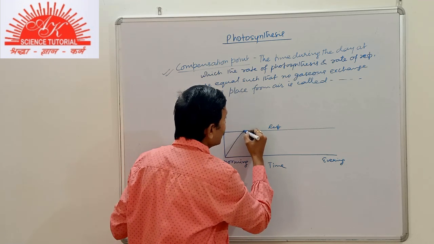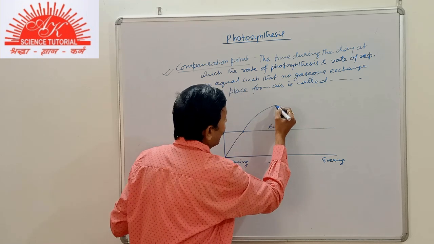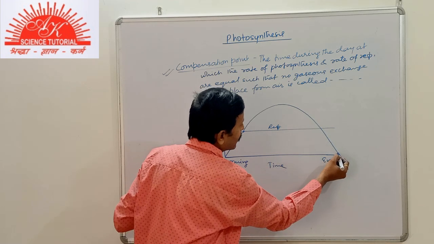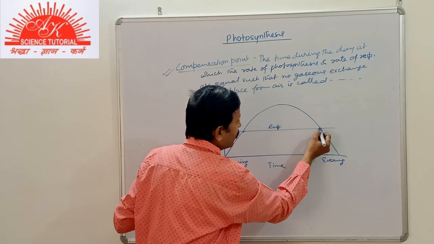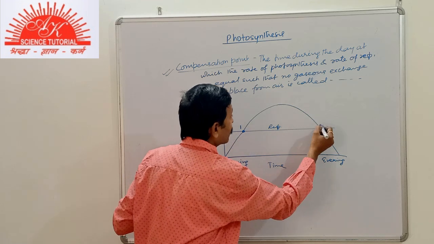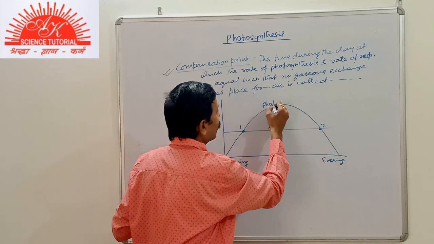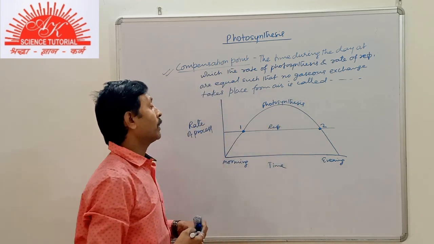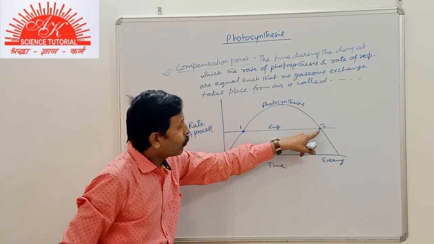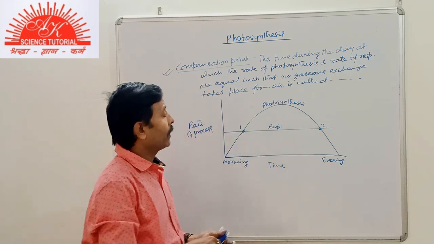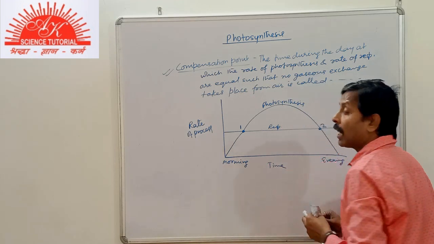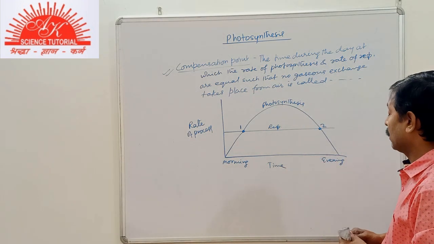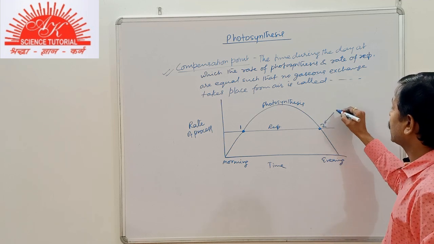At a point, it exceeds respiration. And again, in the afternoon, it starts to decrease due to decreasing intensity of sunlight. So these are the 2 points. This is for photosynthesis. So we see here that at these 2 points, the rate of photosynthesis and rate of respiration are equal. No gaseous exchange takes place from the atmosphere at that time, and this is the compensation point.